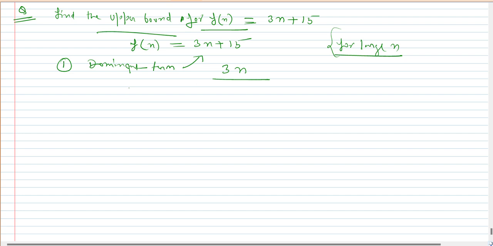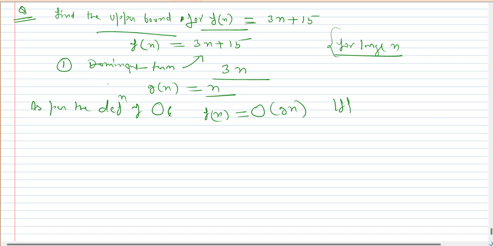So here in this function, the dominant term is 3n. So we take our gn as n. So as per the definition of Big O notation, a function fn can be written as Big O of gn if and only if fn is less than or equal to some constant multiplied by gn for all n greater than or equal to the threshold value n naught.